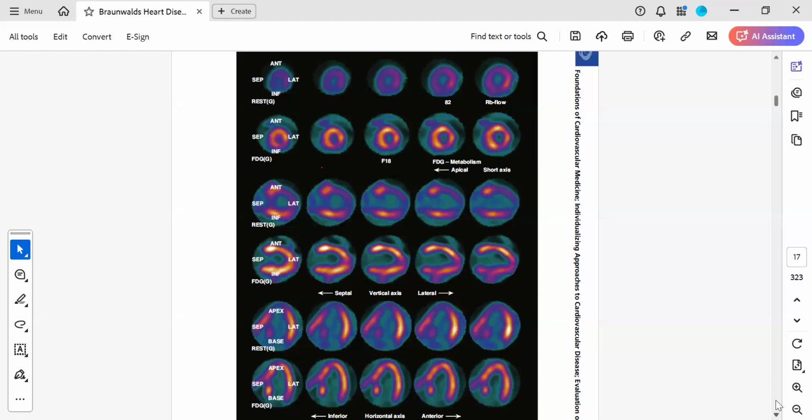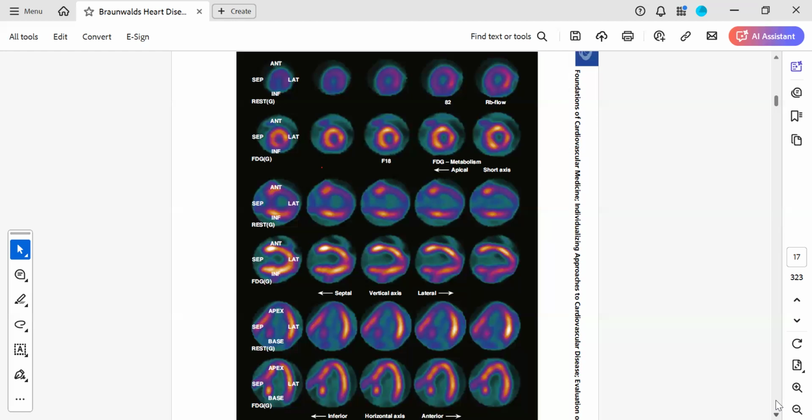So this first one, the rest one, we have the anterior, septal, lateral, and inferior. Realize that the left circumflex, which has the 70% stenosis, will definitely supply the lateral part of the left ventricle.